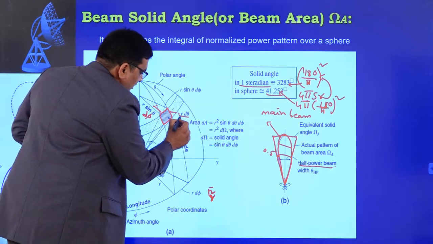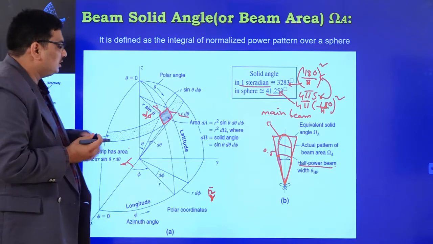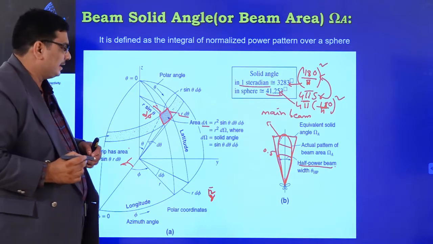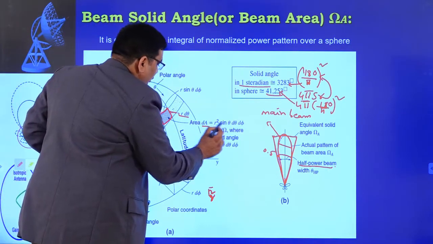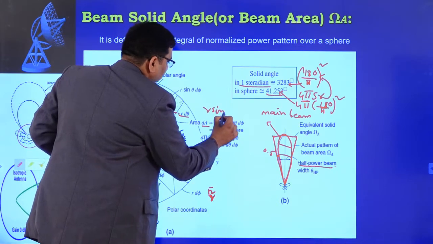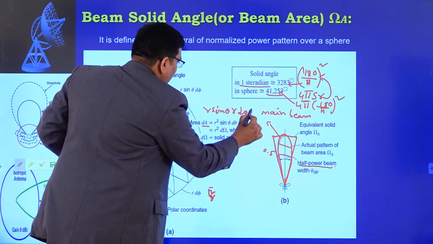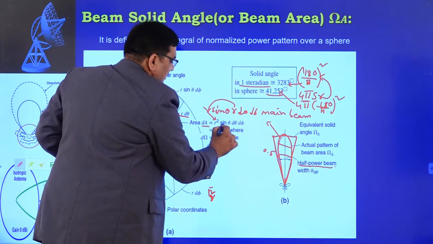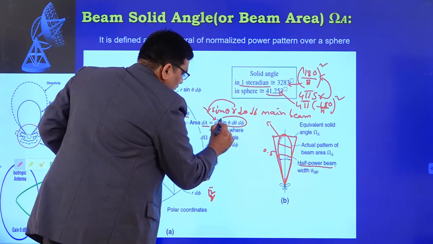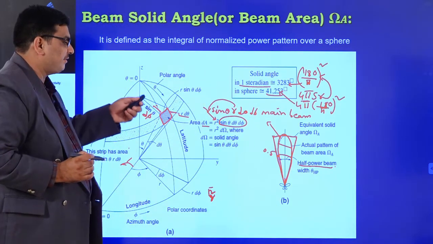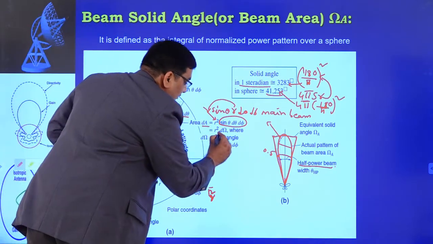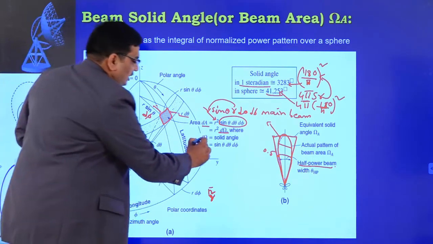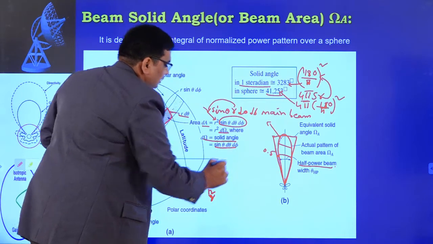So the small area dA, a differential area, is the multiplication of r sin theta into r d theta d phi. If you multiply these two terms, it becomes r square sin theta d theta d phi. So sin theta d theta d phi is the differential solid angle.